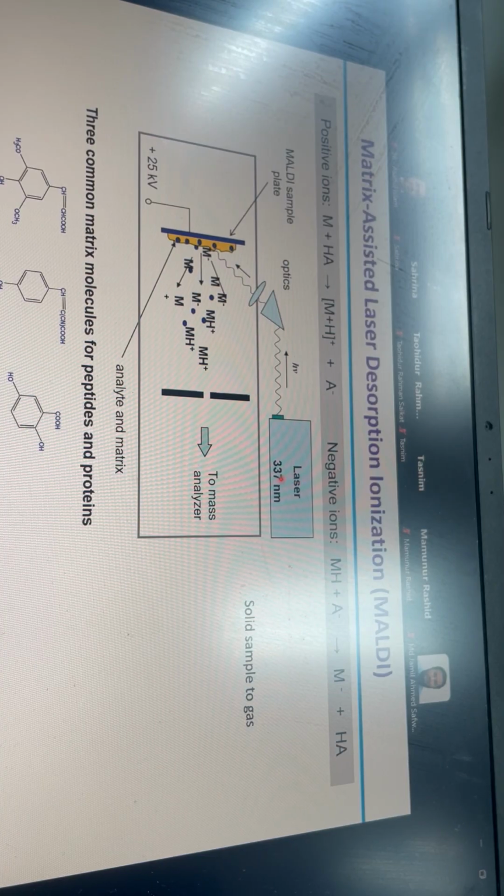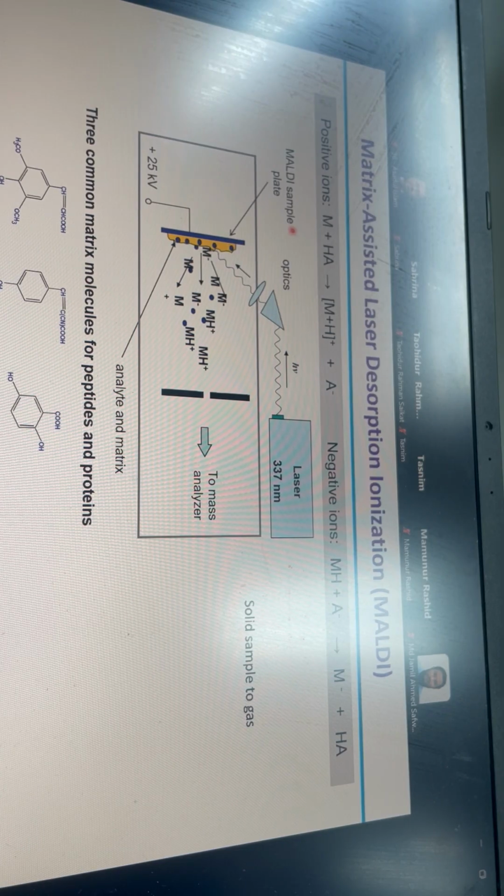Then you use the laser to excite the matrix molecule, you do laser desorption, and that way you ionize your molecules, and then they go to the mass analyzer.